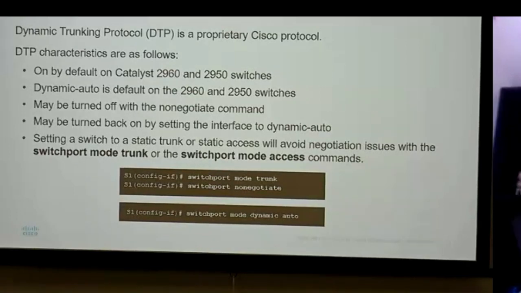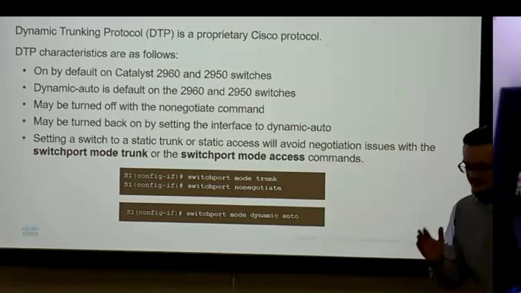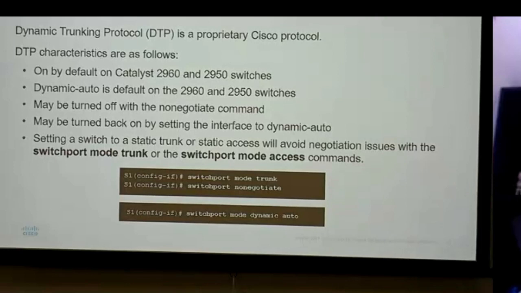I'm sure VLAN 999 is also being used by the rest of YC for something else. So if we accidentally allowed them to communicate, that could be really bad. It's going to make all the devices on that network see each other's traffic. They're probably on different IP networks, so they're not going to be able to ping each other, but they're going to see all this layer 2 traffic.